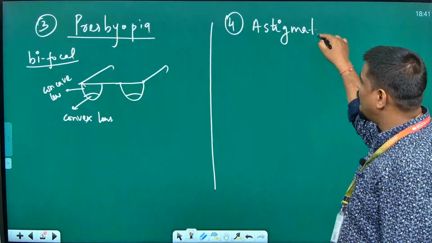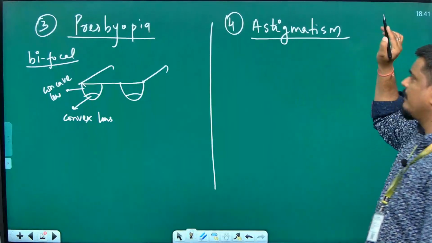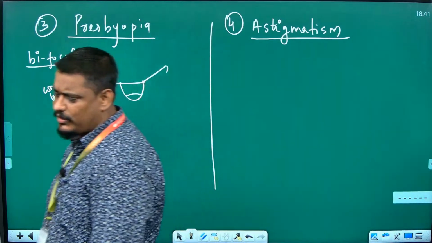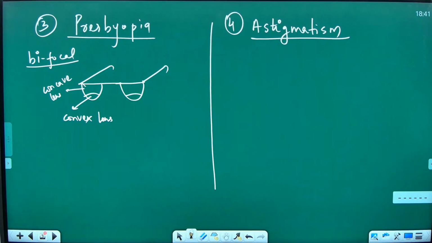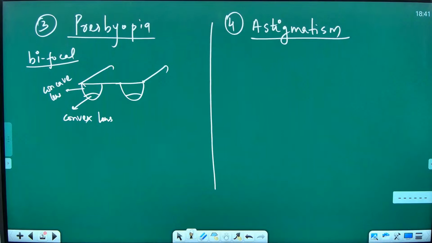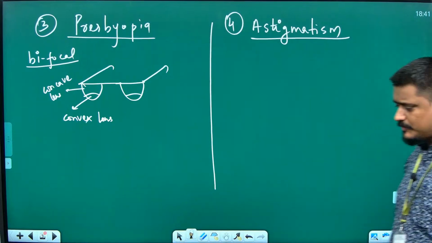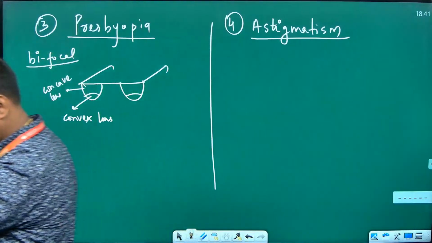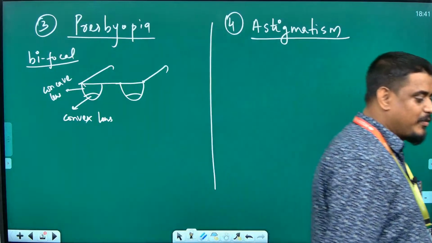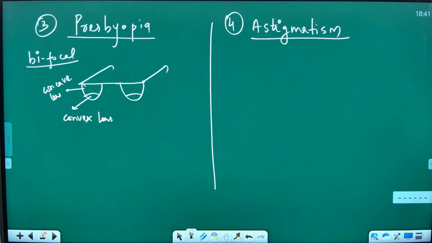The fourth type of disorder is astigmatism. I told you in the previous class also. NCERT does not give anything about it, but you can write one statement. It is an eye disorder where the eye is not able to differentiate between horizontal and vertical lines.